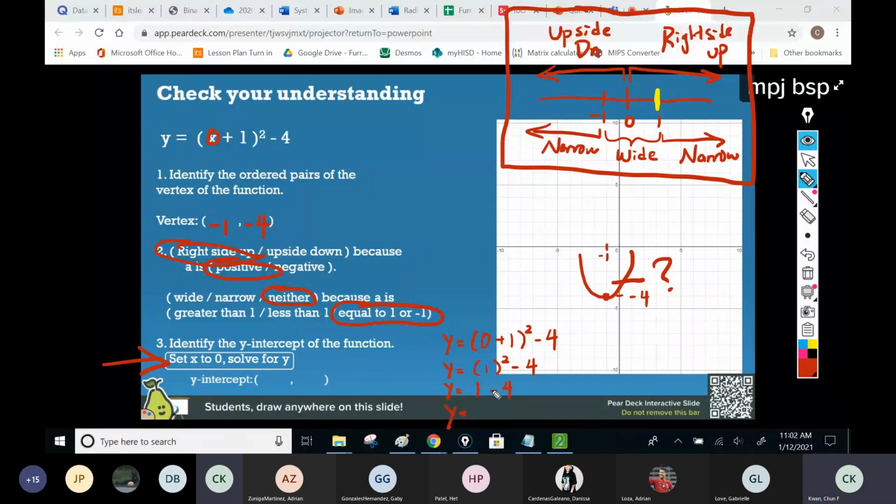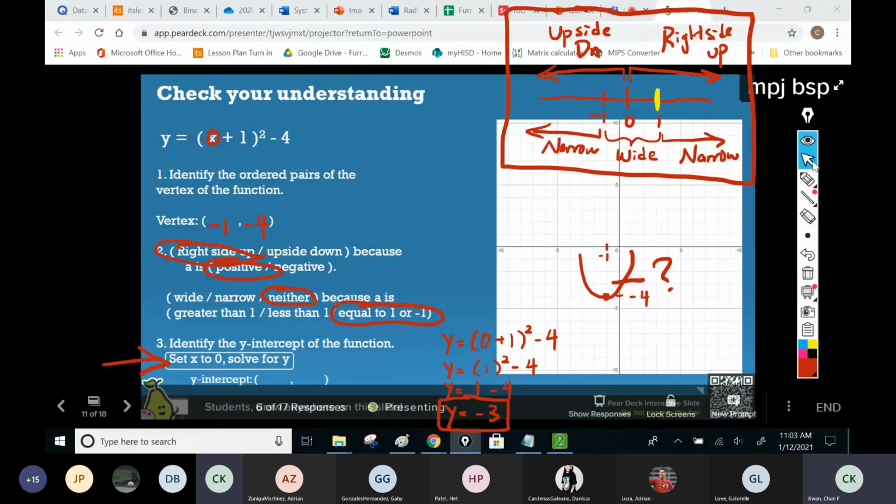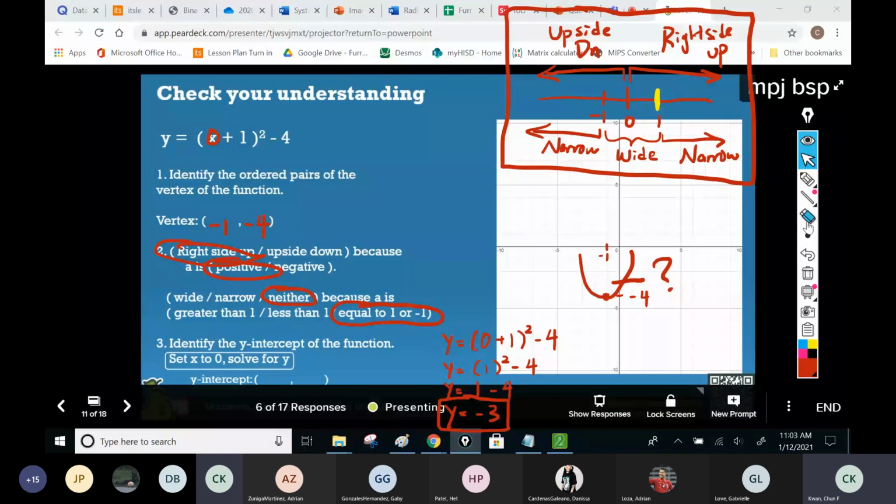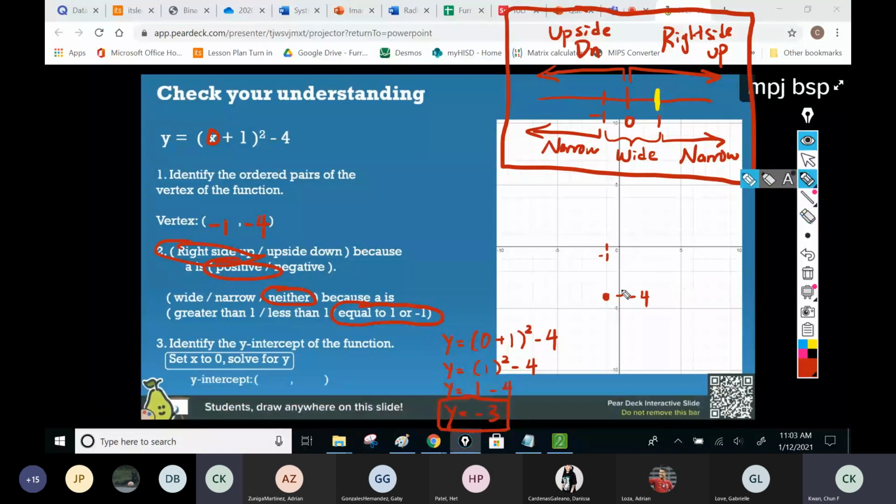And then 1 minus 4 is negative 3. So that is your y-intercept.